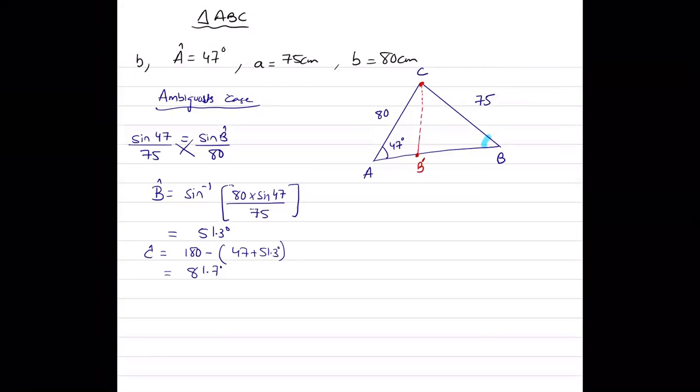Yes. Okay. So if the angle C is 81.7, then let's find the length opposite to angle C. So sine of 81.7 upon the small length c is going to be equal to sine of 47 upon 75. I can just cross multiply and find the value of the length c.